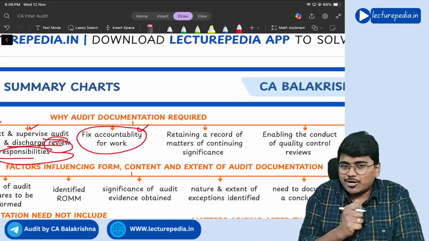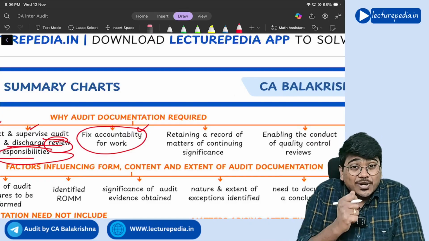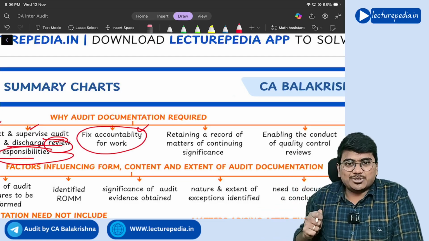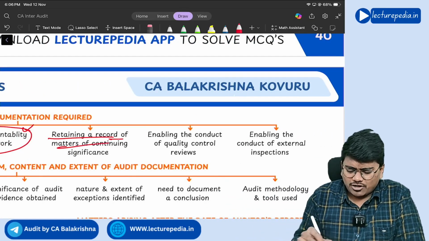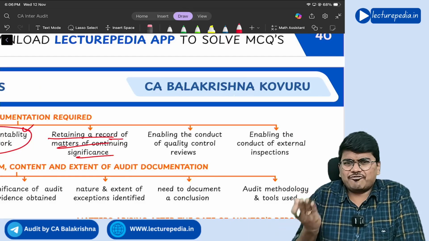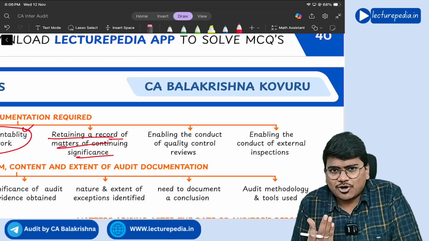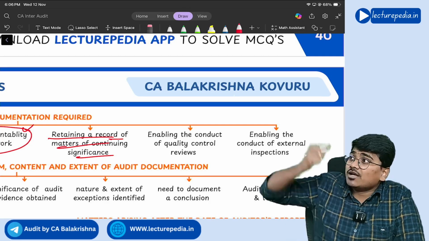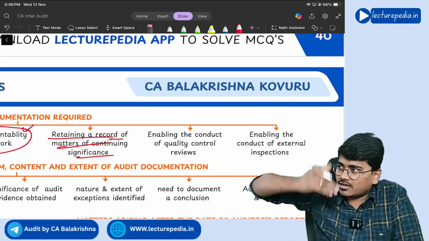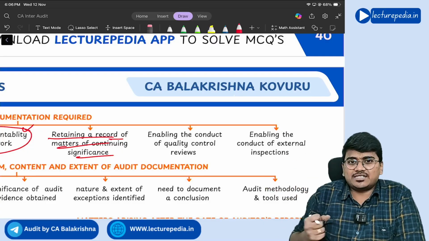So with the help of audit documentation, you can fix the responsibility, correct? Yes. Next, retaining a record of matters of continuing significance. Of course, if you maintain the documentation, you can hold that documentation with you for the future also. Continuously you can retain it, right?